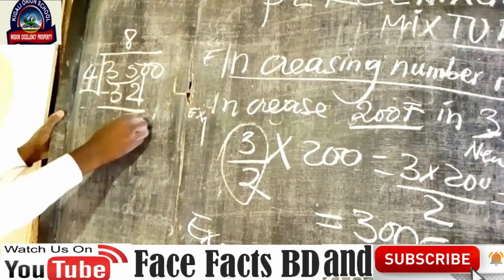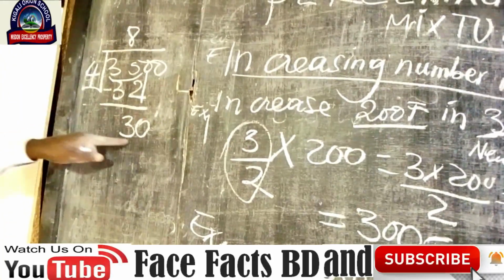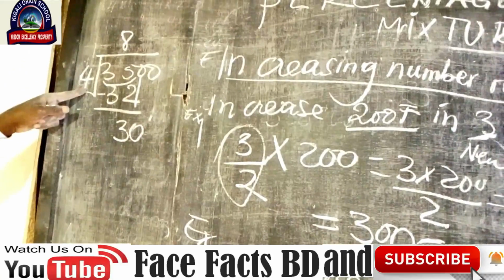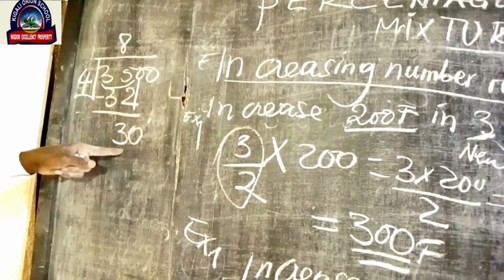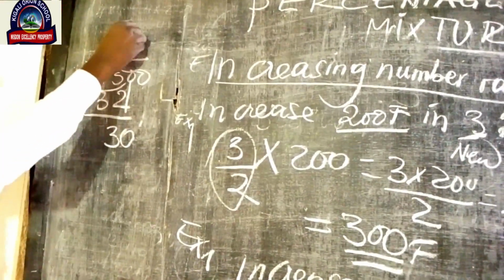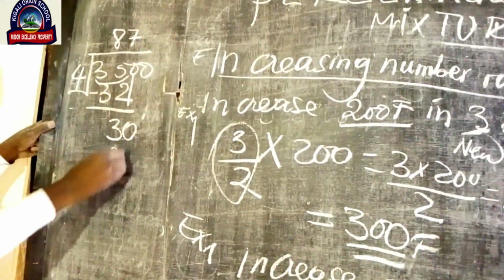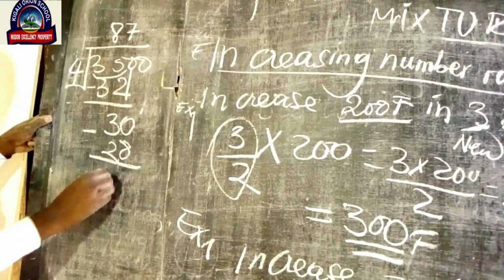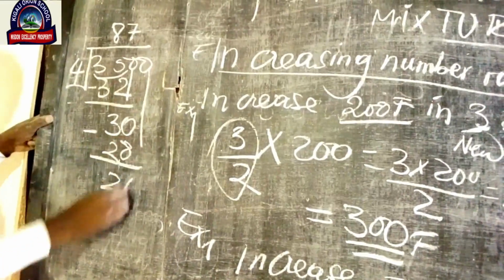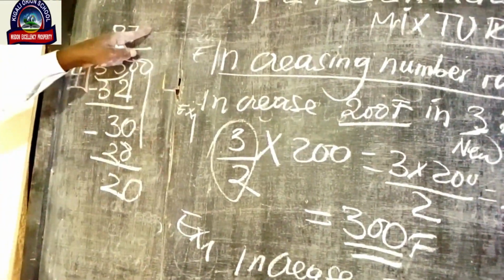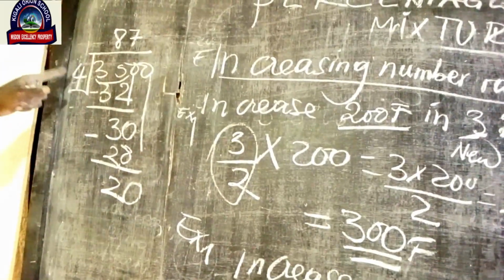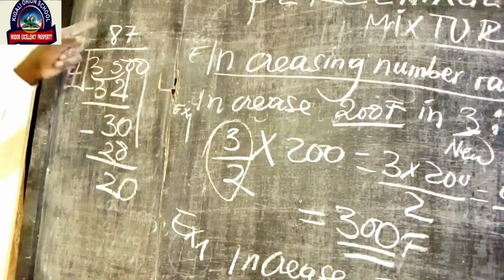I bring down 0. Which number can I put up here? When I multiply by this, it can be 30 or near 30. I see that I put there 7. 7 times 4, I get 28. Subtract, I get 2. I bring down 0. Which number can I put up here? When I multiply by 4, I get 20 or near 20.